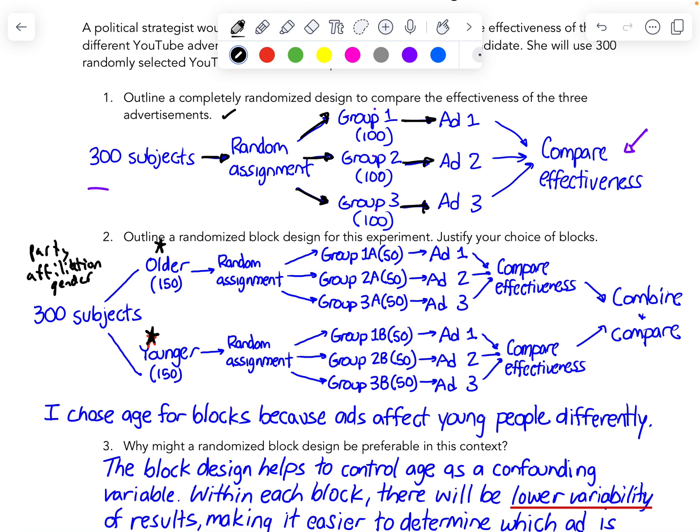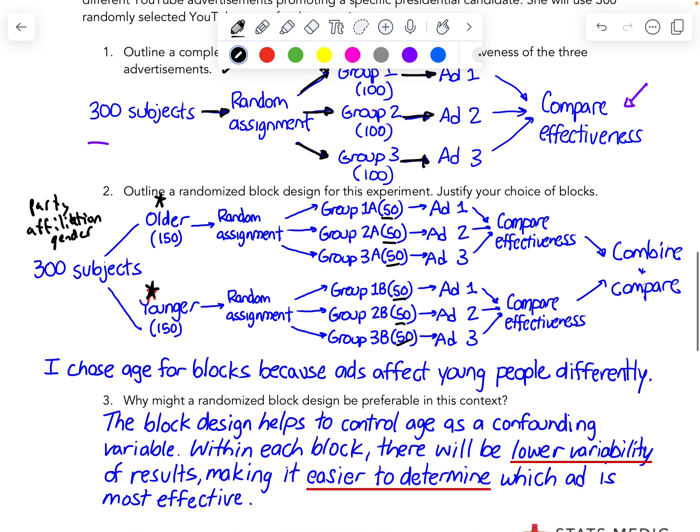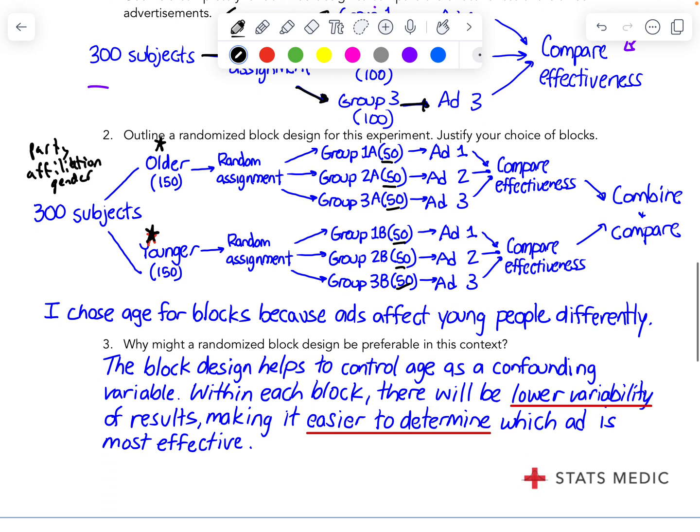But essentially, we have two groupings, older and younger. We do a random assignment. Each grouping has 50. We then compare and combine at the end. So if you're doing blocks, you could say the reasoning for that is, well, I imagine ads affect older and younger people differently. Pretty straightforward.